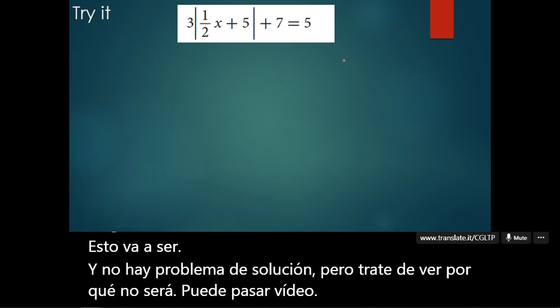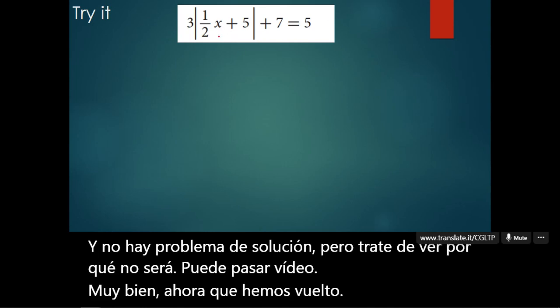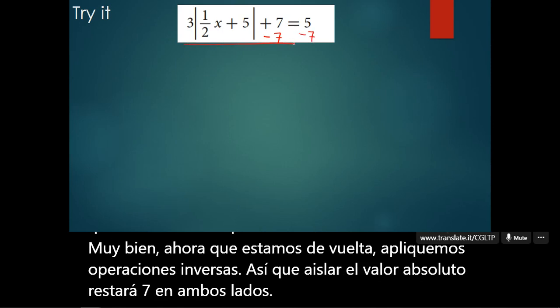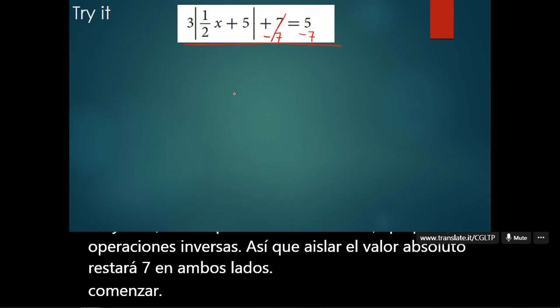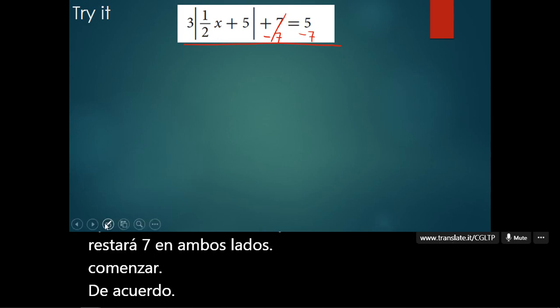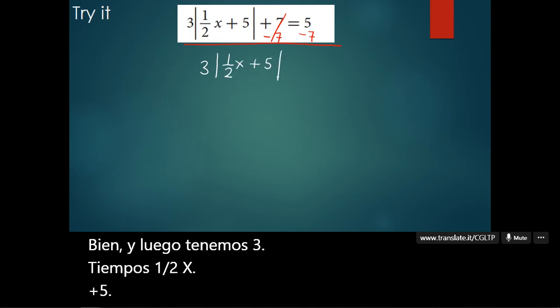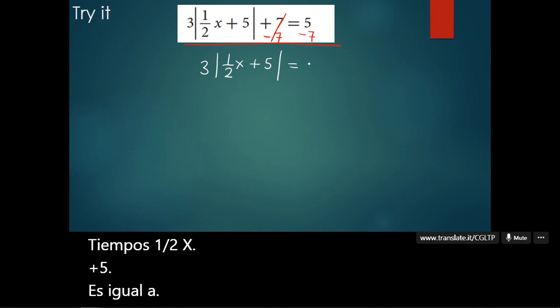All right, now that we're back, let's apply inverse operations. So isolate the absolute value. We'll subtract 7 on both sides to begin. Okay, and then we have 3 times the absolute value of 1/2 x plus 5 is equal to, the 7's canceled out. 5 minus 7 is -2, right?